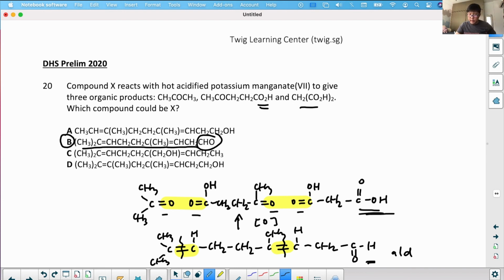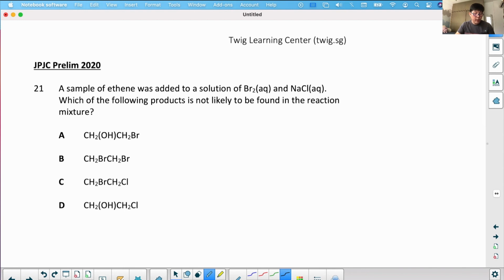Alright, let's look at the next question. Question 21. A sample of ethene was added to a solution of bromine and sodium chloride. Which of the following products is not likely to be found? How you look at this type of question is very simple. The first idea for alkene is that it always reacts with the halogen, which means bromine.